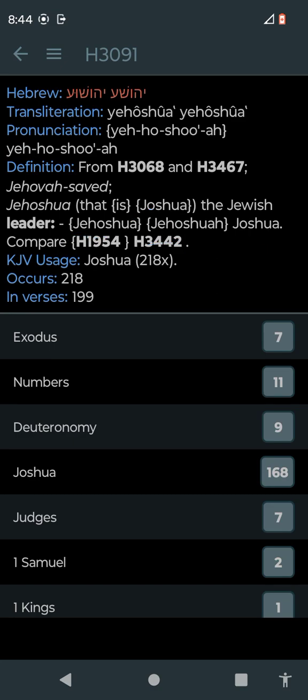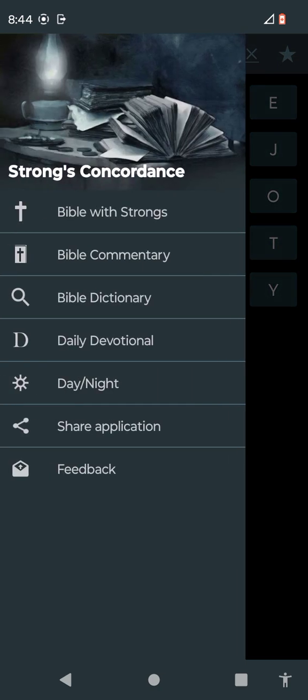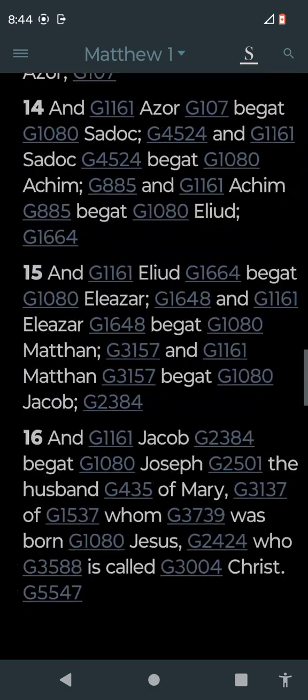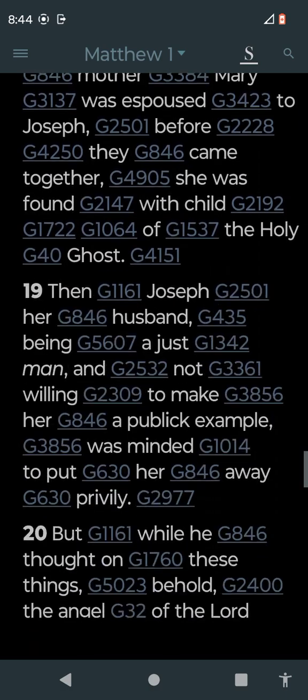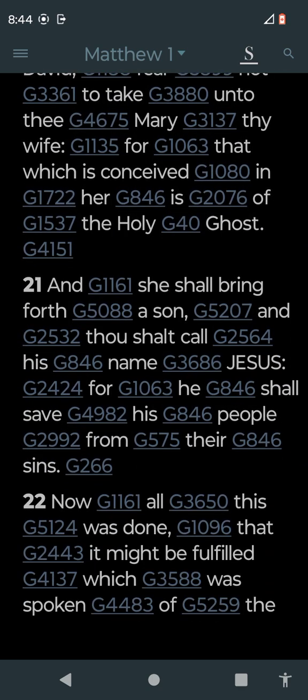Let's go ahead and go back to our Bible, so we can get in place as we go along. Let's get down here to verse 21. Our base scripture is Matthew chapter 1, verse 21. It says, "And she shall bring forth a son, and thou shalt call his name Jesus."